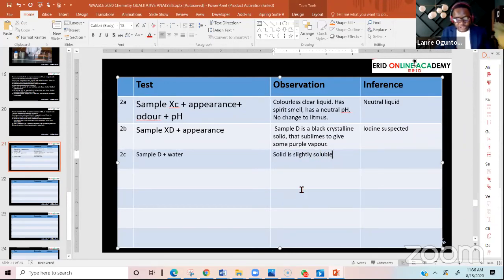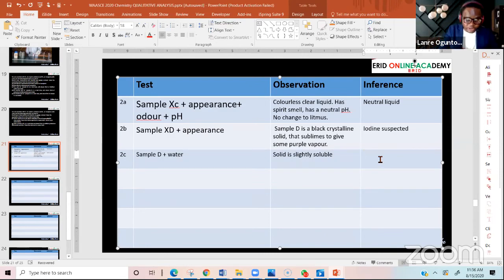You will still be fine because it really wasn't dissolving. So your inference is that sample D is an insoluble solid. It's insoluble in water. You have to state that.